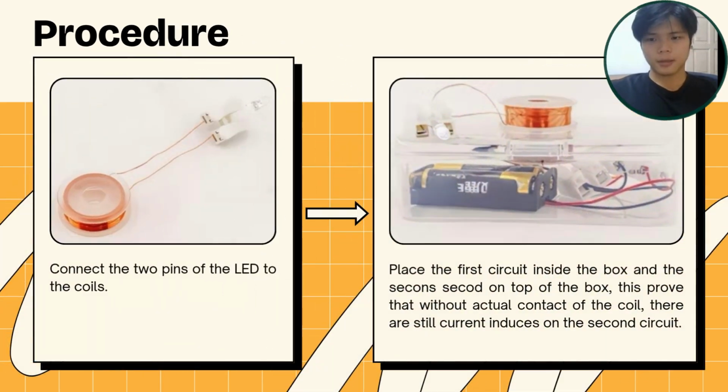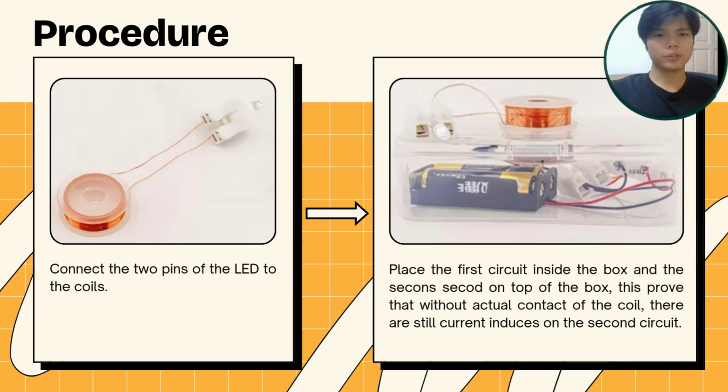After that, we connect the two pins of the LED to the coil, as the secondary circuit. And we place the first circuit inside the box and the secondary circuit on top of the box. By putting it this way, we prove that even without direct contact of the coils, the current can still be successfully generated on the secondary coil.